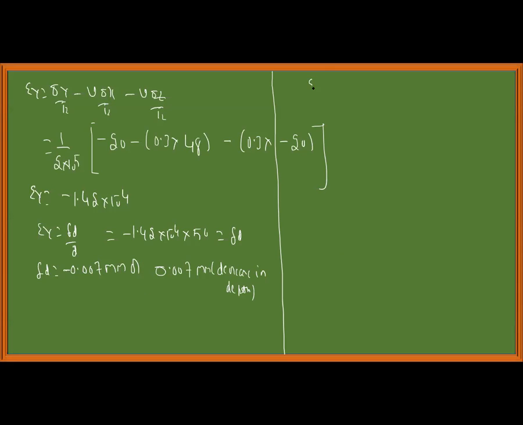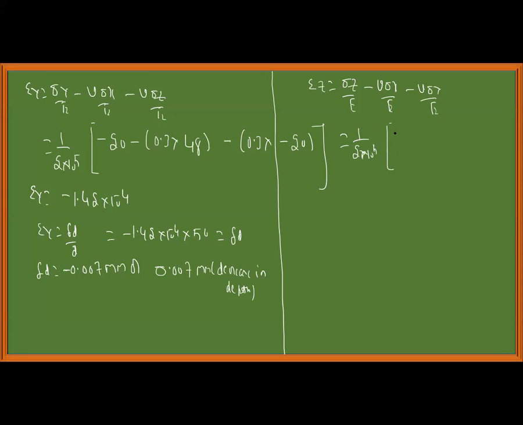Okay. Epsilon z is equal to, as soon as you write epsilon z, take the linear strain first term, sigma z by E, and all other terms with Poisson's ratio: minus nu times sigma x by E, minus nu times sigma y by E. Sigma z by E is 1 by 2 into 10 power 5 into sigma z, which is minus 20, right?